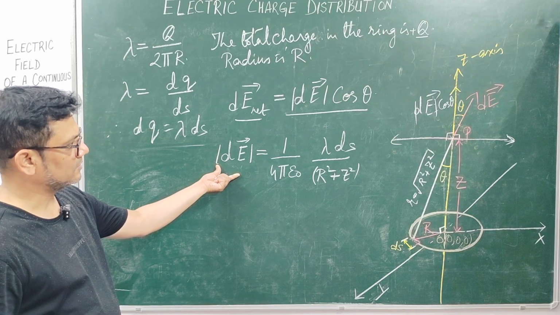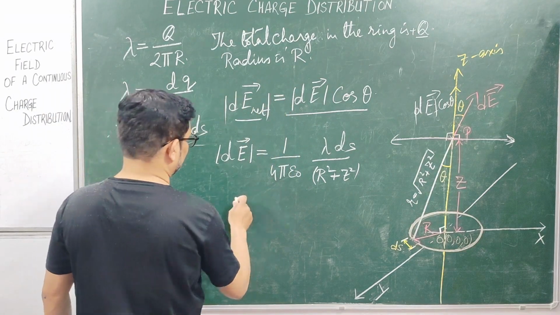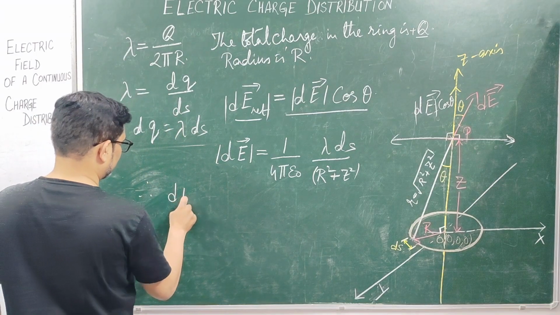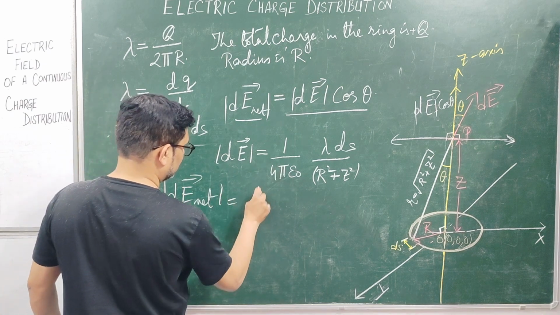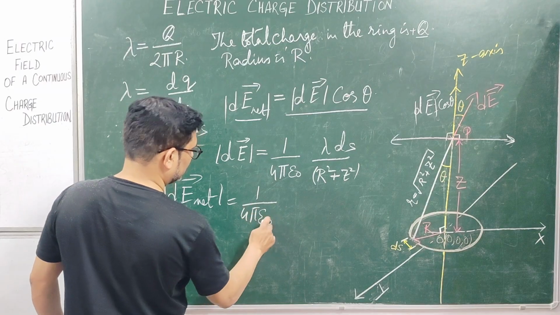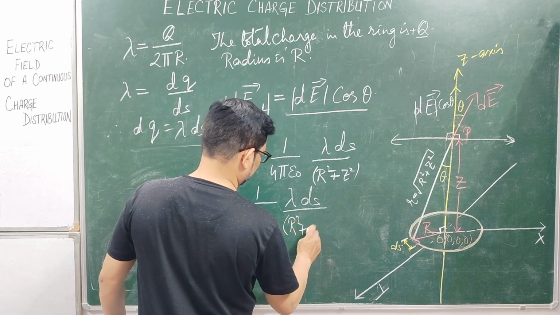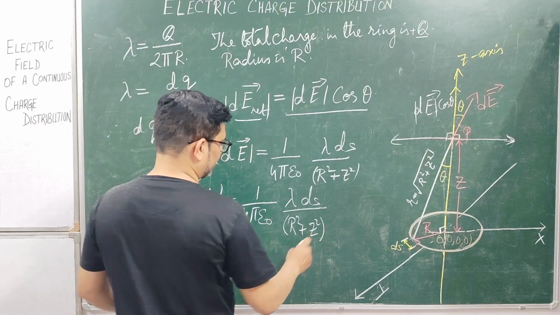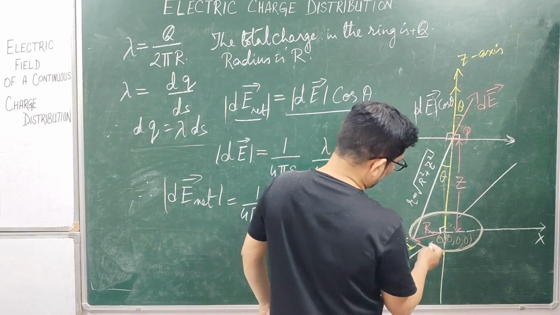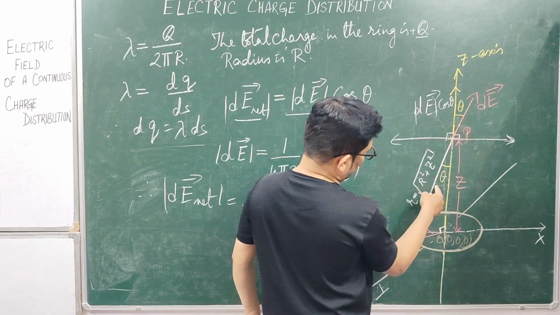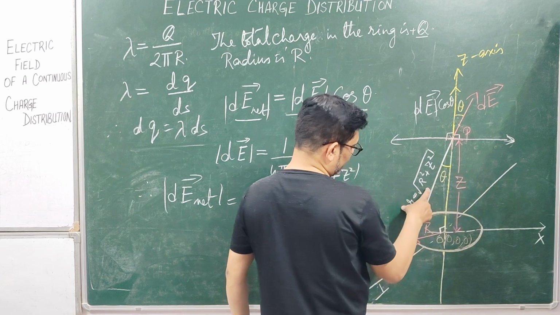Now dE cos theta, all right. If you want to find the magnitude of this, therefore dE net value is whatever dE we have got, which is 1 over 4 pi epsilon naught lambda ds over r squared plus z squared, and then cos theta, right? So cos theta, from the geometry you find that if this is theta, this is the vertically opposite angle theta, and cos theta comes out to be base, which is z, over hypotenuse.